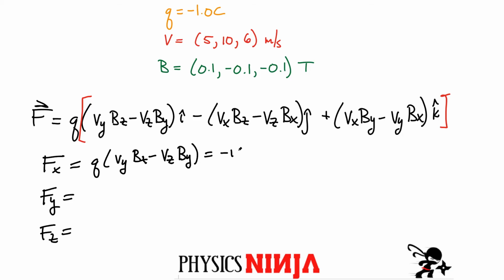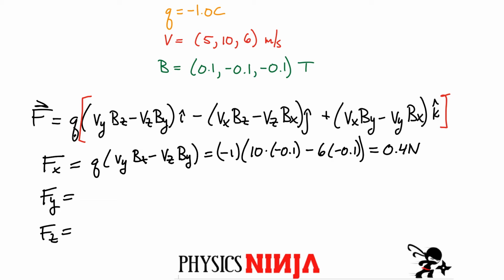Here you've got -1, that's the charge, and all of that needs to be multiplied by this second term. So we're going to get 10 multiplied by -0.1. You have to be a bit careful here. Minus Vz is 6, multiplied by By, which is also -0.1. Be careful when you evaluate this term. I think I got 0.4 newtons.